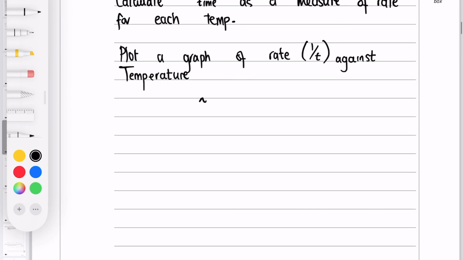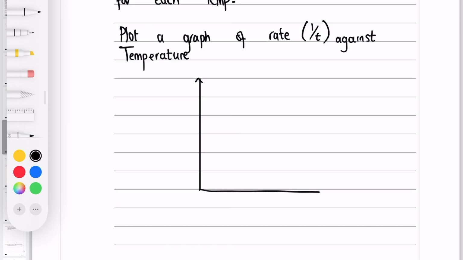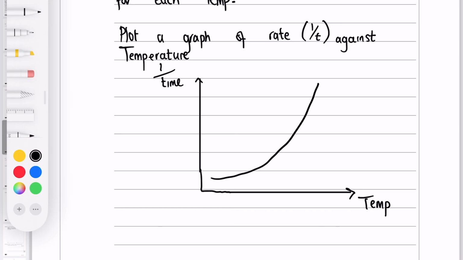And that graph will look something like this. So we're going to have temperature along the bottom. We're going to have 1/time up the side. And our graph will be an exponentially increasing graph, like that.